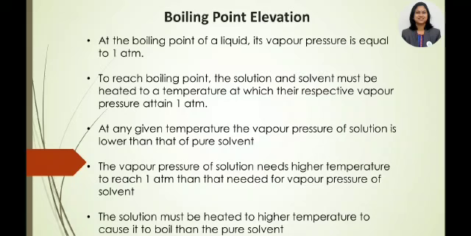The vapor pressure of the solution needs a higher temperature to reach 1 atmosphere than that needed for the vapor pressure of the solvent. The solution must be heated to a higher temperature to cause it to boil than the pure solvent.